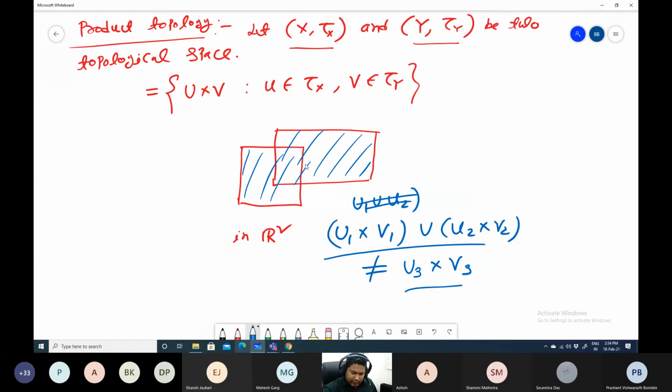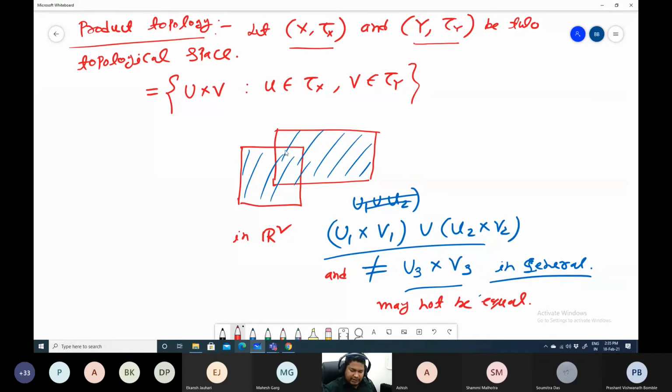Because if you take this kind of open set and this kind of open set, in general it can be equal, but in general this is not equal. You can say this and this may not be equal, right?